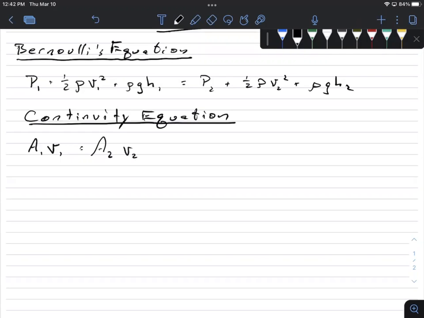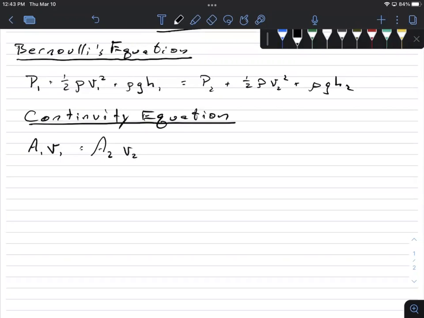And if the speed decreases, the pressure goes up. And so what people did was they designed the wings on an airplane to be shaped in such a way as to force the air that flows over the top of the wing to move faster than the air that flows underneath the wing. Why do it that way?